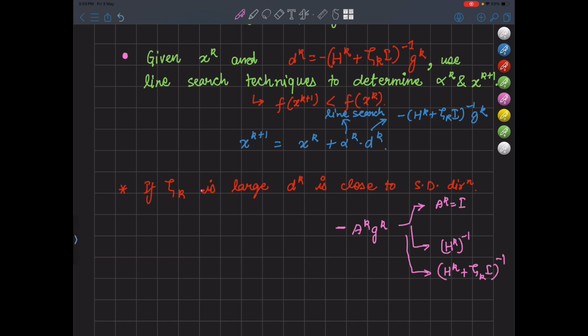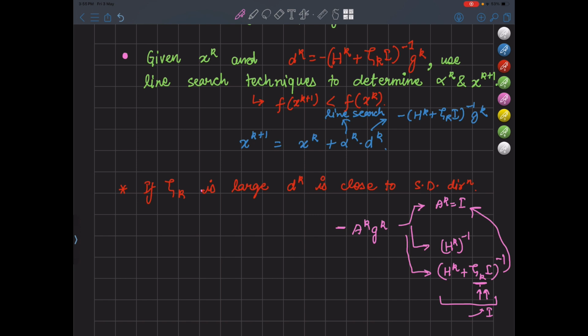So you can see that if xi k is very very large, then this is closer to I, the component of I increases, and hence this method goes closer and closer to the steepest descent direction.